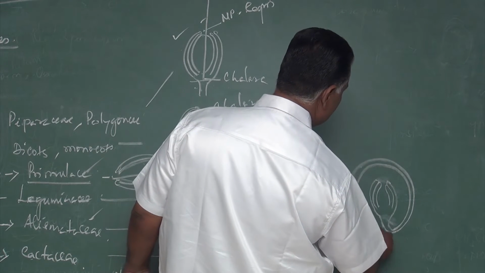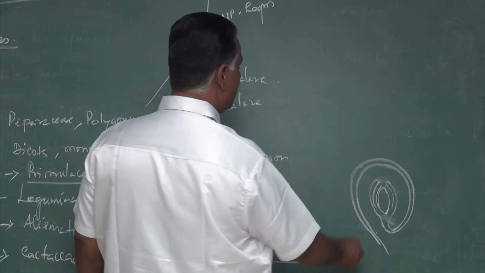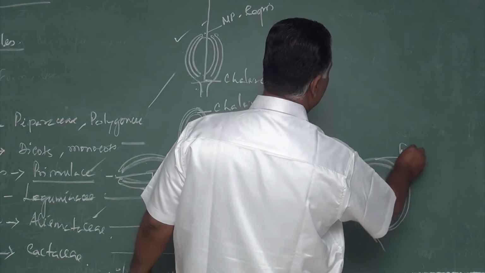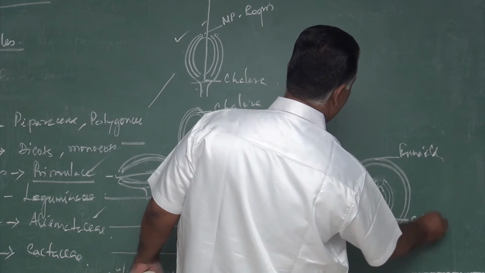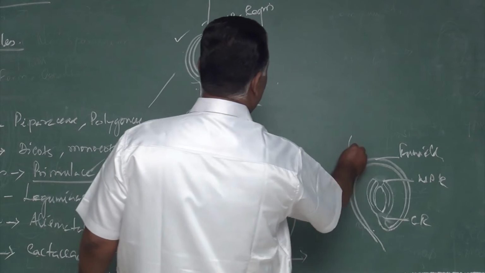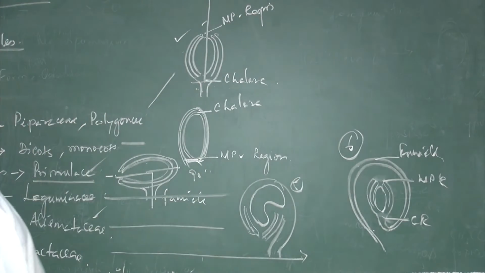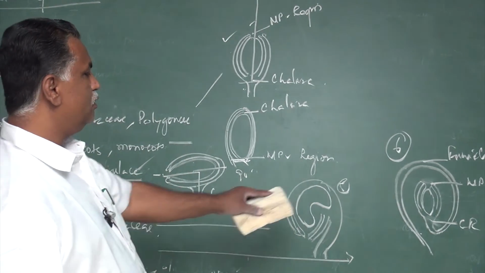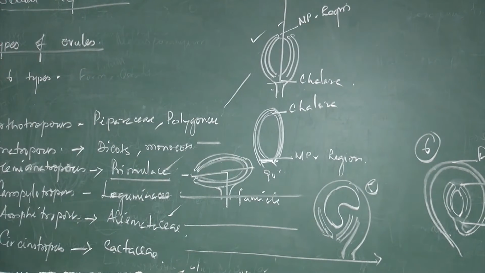This is the nucellus, this is the funicle, the chalazal region and micropylar region. So this is the sixth type, and the cyclotropous ovule is very specific to the members of Cactaceae.